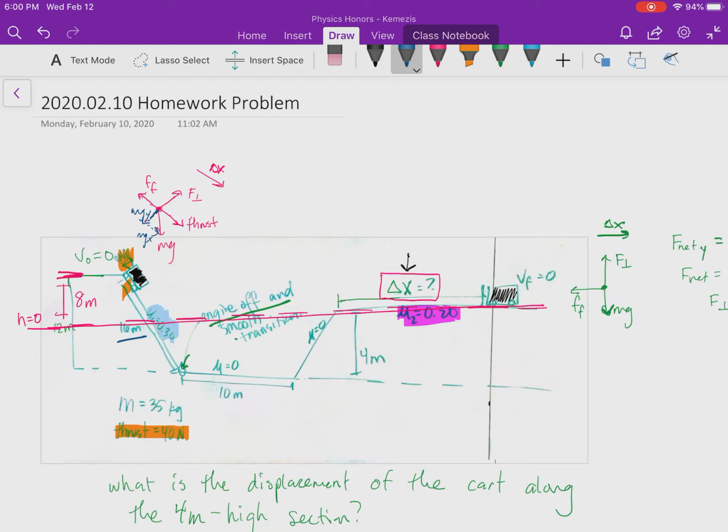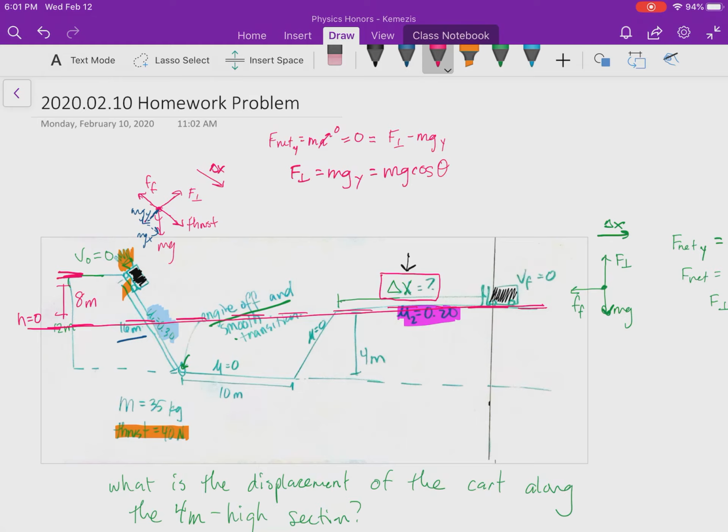And what we can say, there's only two y components, and again, we're going to say F net y is equal to ma, a is 0, so F net y is 0. The normal force minus mgy. Normal force is equal to mgy, right? Only the y component. And we defined mgy as mg cosine theta.